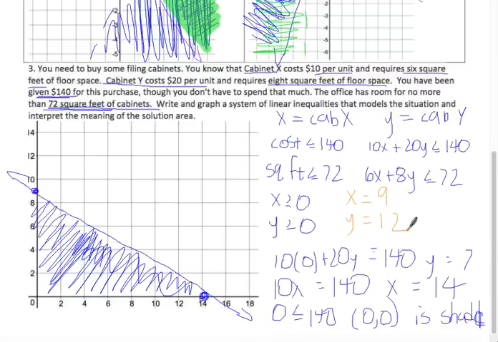So we have here and here. And that line almost went through that point. And again, we would get, if we test 0, 0, it's going to work. So we're going to shade everything down here.